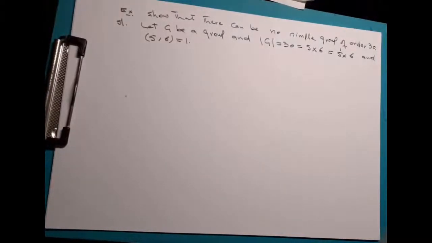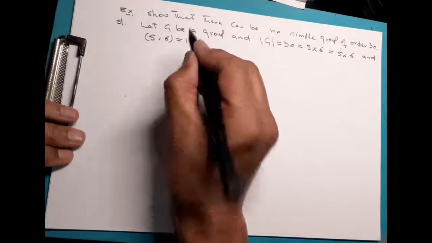We have to show that G is not simple. This is what we have to prove.